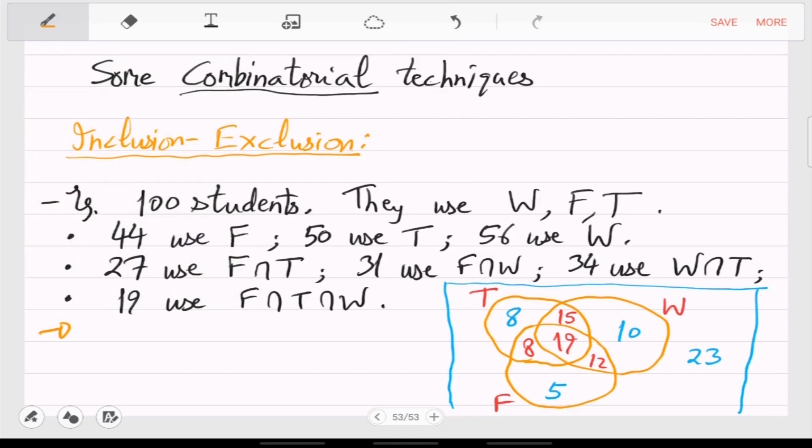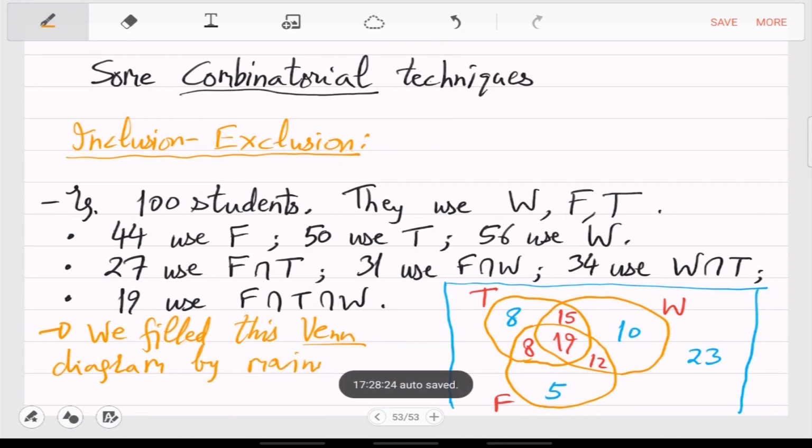So we fill this Venn diagram by moving inside to outside.